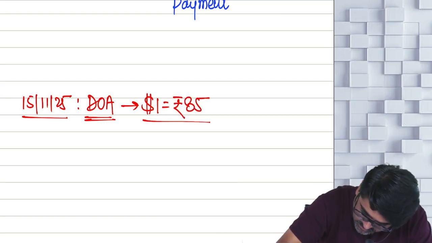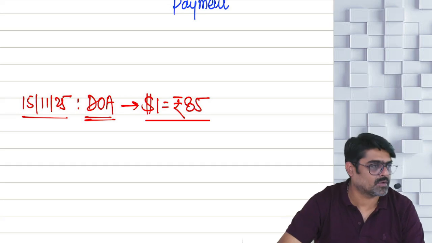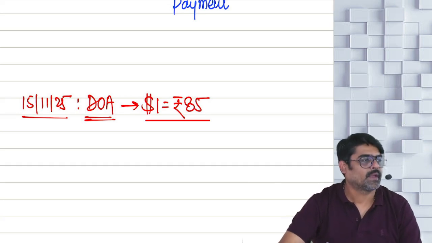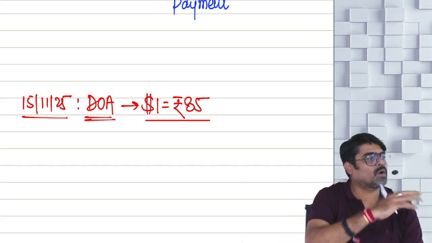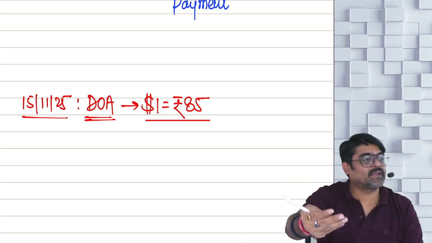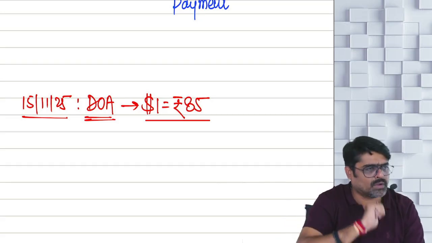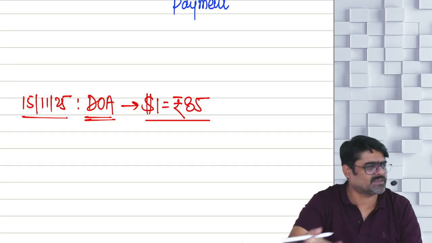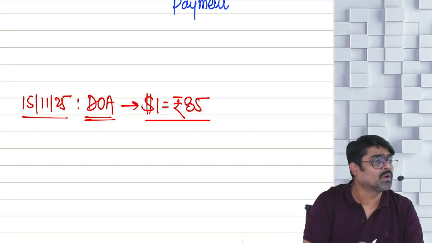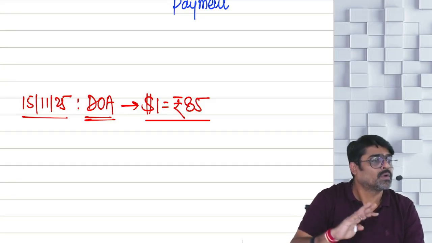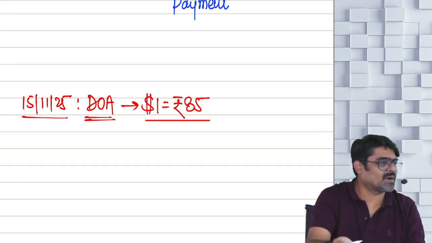On this date, what entry are you going to pass in your books? Come on, tell me. If you have purchased the asset from the vendor on credit, or you have purchased the asset by taking a foreign currency loan, what entry are you going to pass? Simple, asset account debit to vendor's account, creditor's account, yes or no?